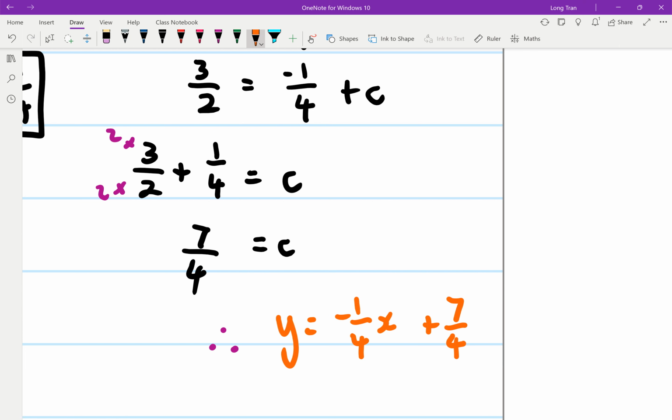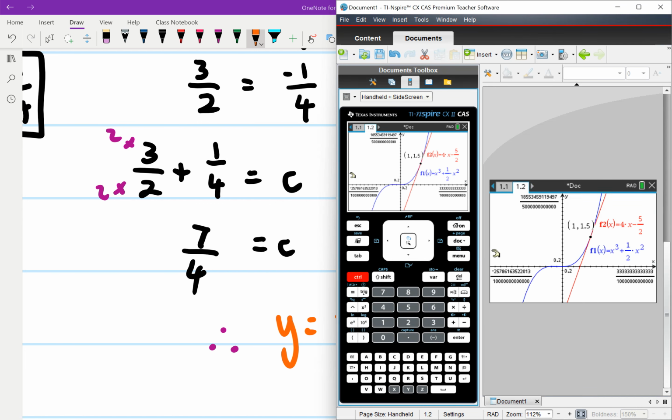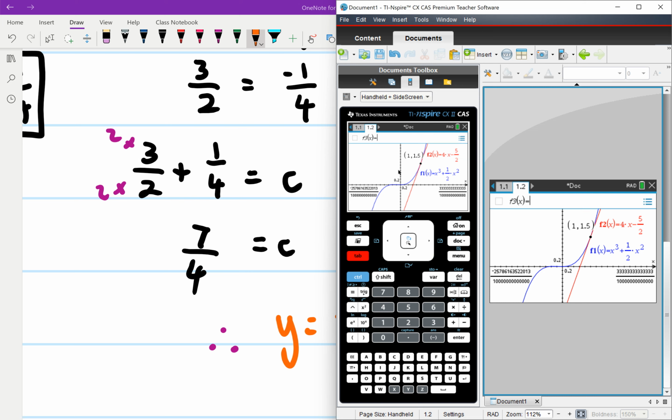So let's see if this is true. If I type this into that graph before, it should cross only one point, and it should be perpendicular to the line that I had before. So let's see. I'm going to go back to my CAS, go back to this page. Apparently, we know that it is negative 1 over 4x plus 7 on 4. There we go.